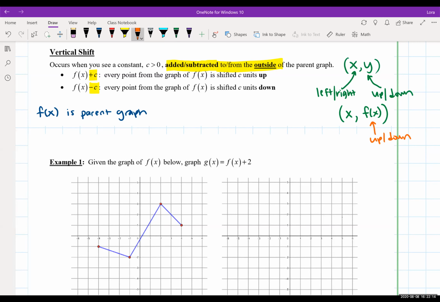So if you really relate this f of x to what's happening with your numbers, you're really saying y plus c or y minus c. And when you modify the y values, this is why you are going up or down, because y values have up or down movement. So I'll try to plant that seed in your mind.